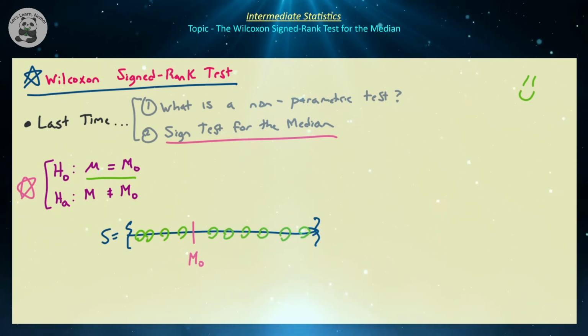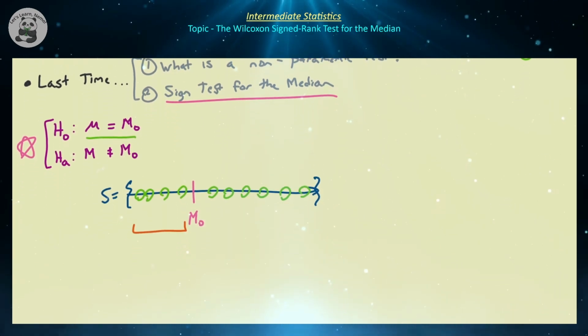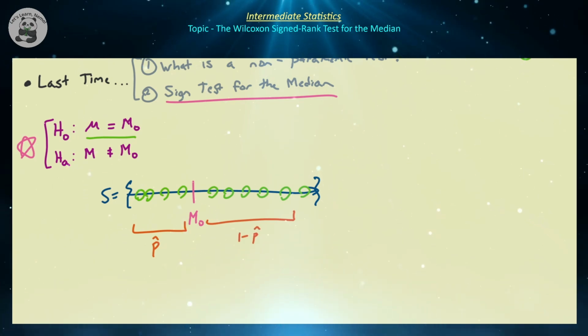If this is truly the median of our population, then we would like to see approximately 50% of the values in our sample to the left of this value and 50% to the right of it. So that's p hat, and that would be 1 minus p hat, where p hat plus 1 minus p hat would be equal to 1 since it represents percentages.